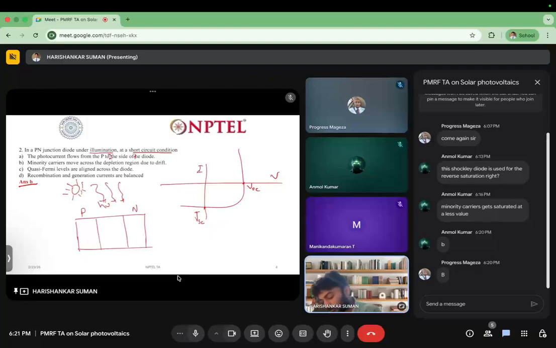When electron and hole pairs are formed here in the depletion region, there is the built-in electric field, which forces the electrons. So these electron and hole pairs, due to this electric field, they drift.